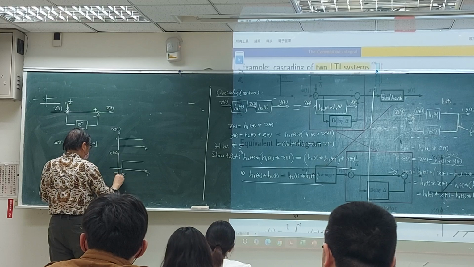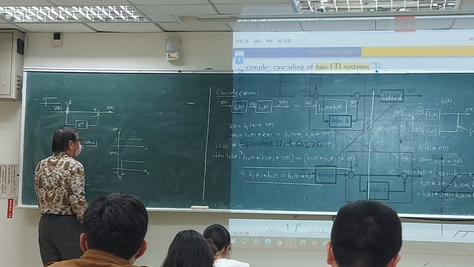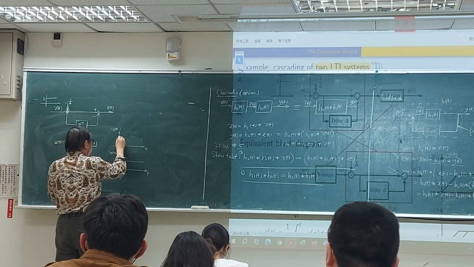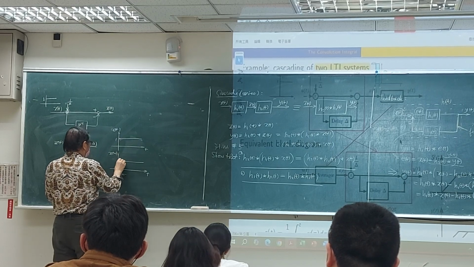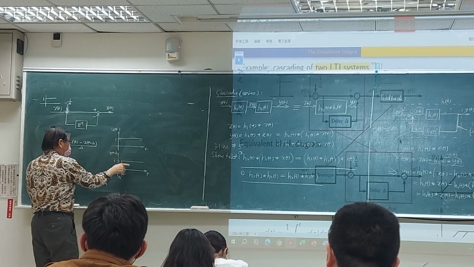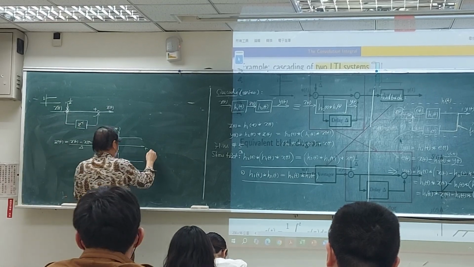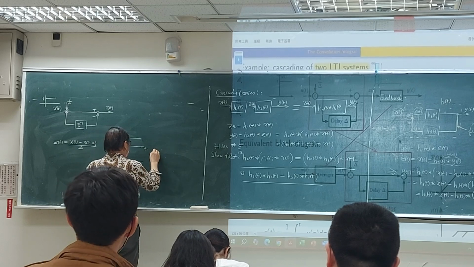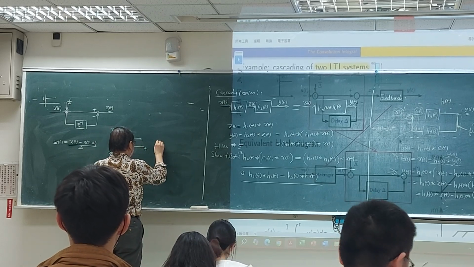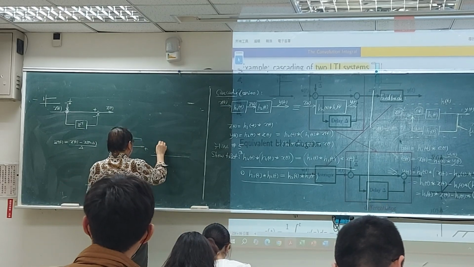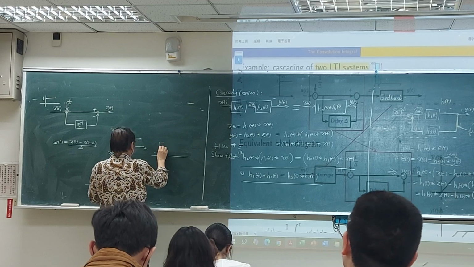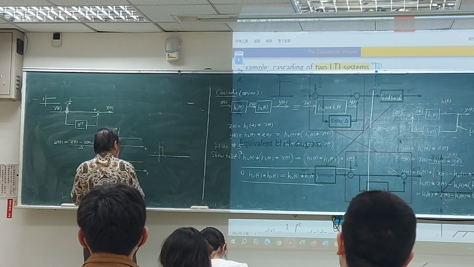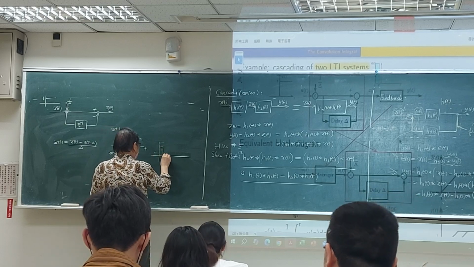The delay time is delta seconds. So the difference between these two signals, this one minus this one, gives you a rectangle signal.